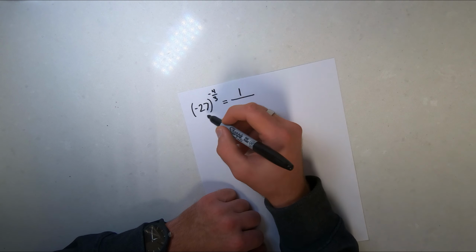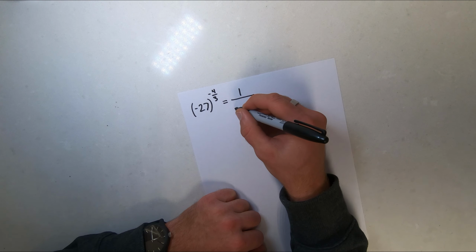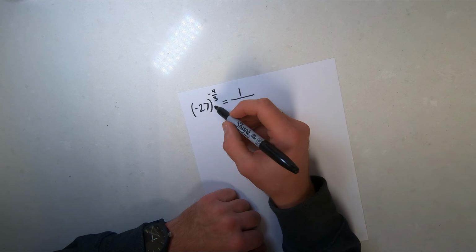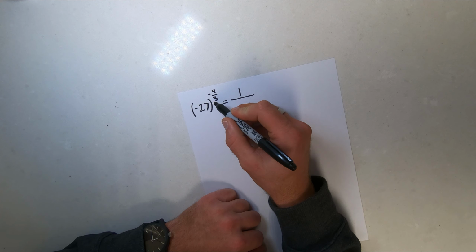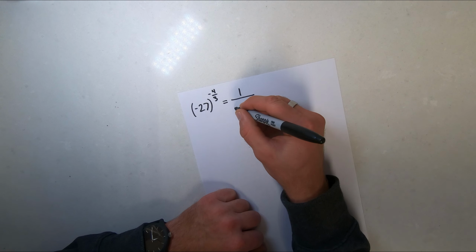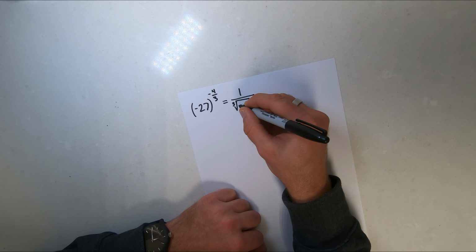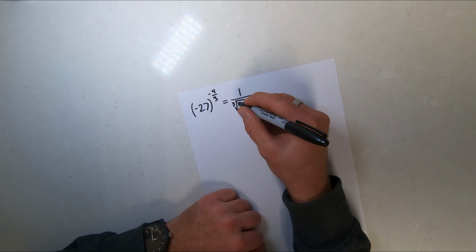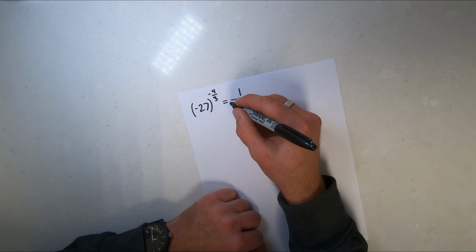So we know that all this goes in the denominator because of this negative. And in the denominator we have negative 27 is rooted to 3. So we have the cube root of negative 27, and then all of this is raised to the 4th power.